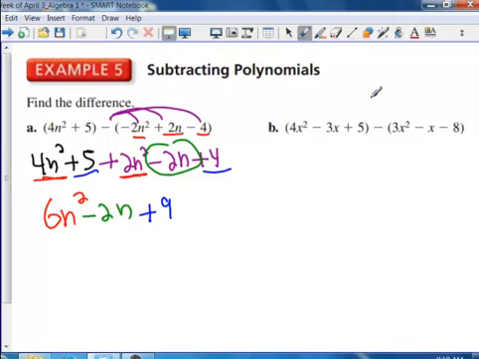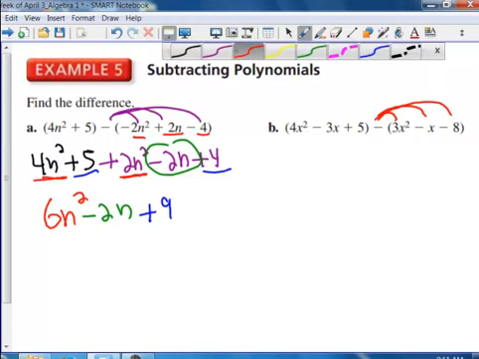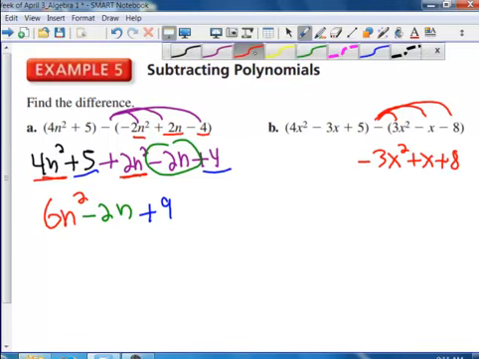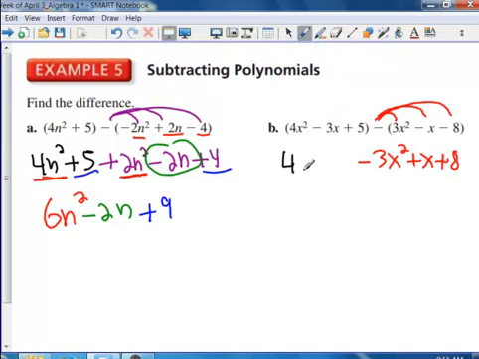So take a look at this one. Think about what you would do. Okay, here's your hint: you distribute that negative. So give that a shot real quick. See if you would get it without my help. Okay, here I go. So I did that, and then I'm leaving this alone. Great.